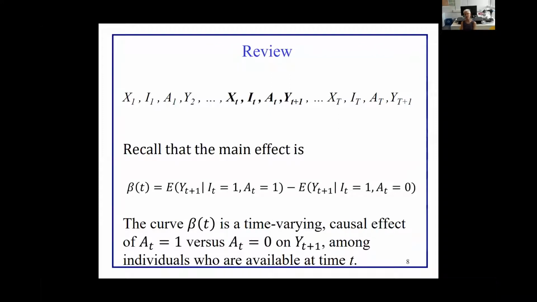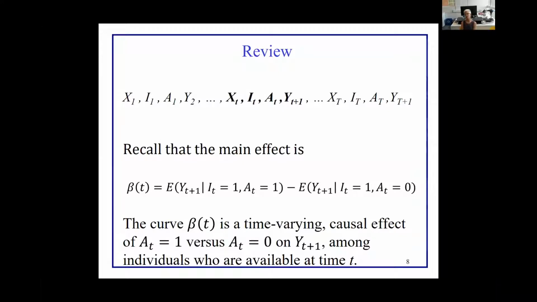It's the mean 30-minute step count given the person is available and they got treatment, minus the mean 30-minute step count given the person is available and they were not randomized to treatment. And as you can well imagine, this beta of t may change with t, so it's time varying.